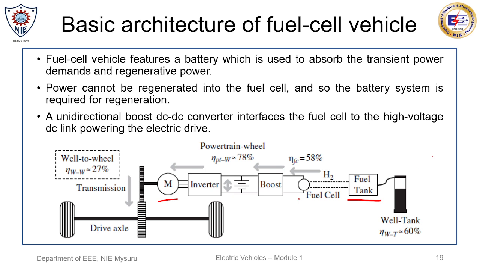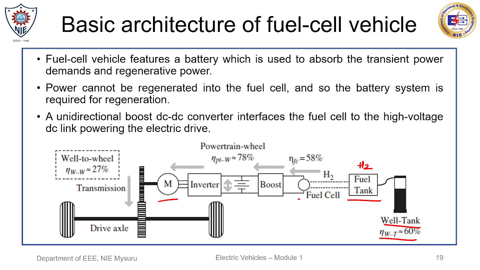Coming to the efficiency calculation of the fuel cell, they are highly efficient. We start from well to tank where the hydrogen is produced. That has around 60%. Here the hydrogen gas is stored in the fuel tank. The fuel cell is highly efficient in converting hydrogen to electricity.